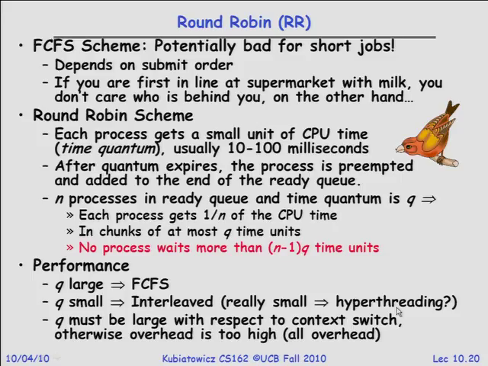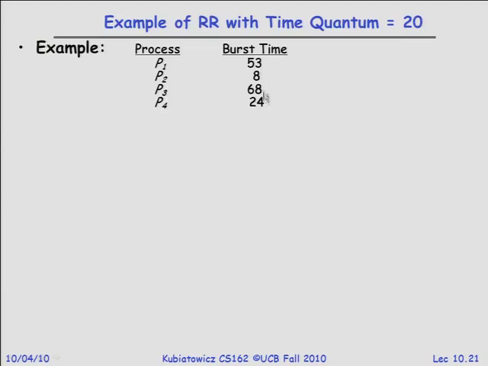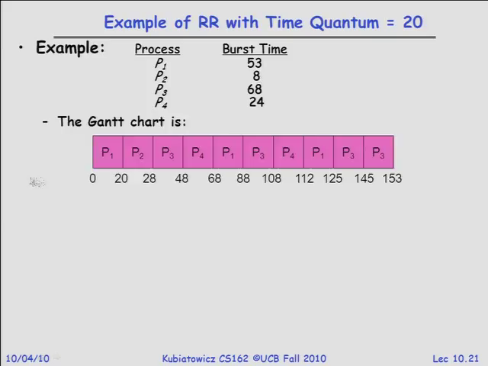Now, let's take a look at some examples. Here we have some processes with some burst times. Process 1 is 53, process 2 is 8, process 3 is 68, and process 4 is 24. Poor process 2 is really regretting being in this convoy. If we take a quantum of 20, notice that P1 runs for 20, then P2 runs for its 8.